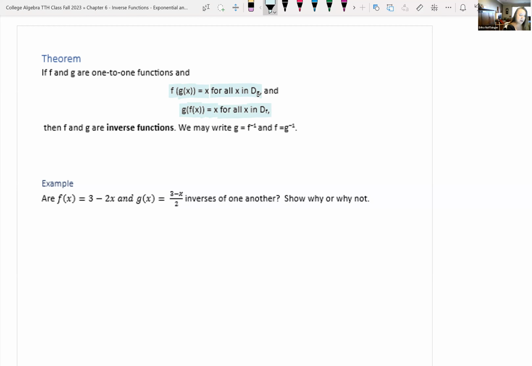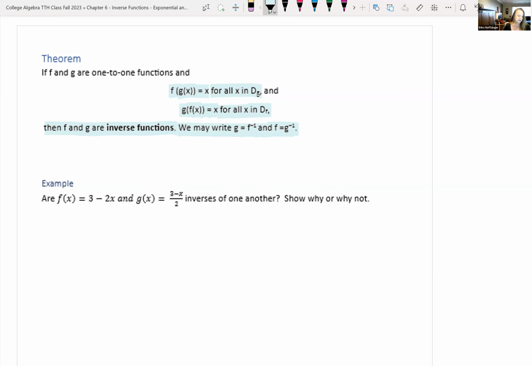So if you take the composition of two functions and you get back x in both directions, then f and g are inverse functions. We can write that g equals f inverse of x, and we can also write that f is equal to g inverse of x.